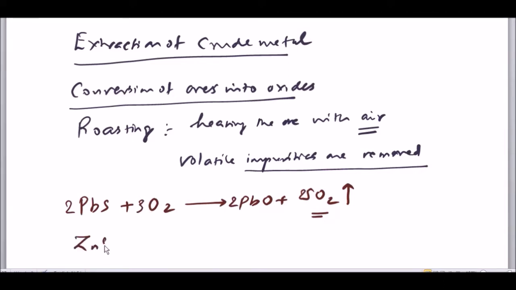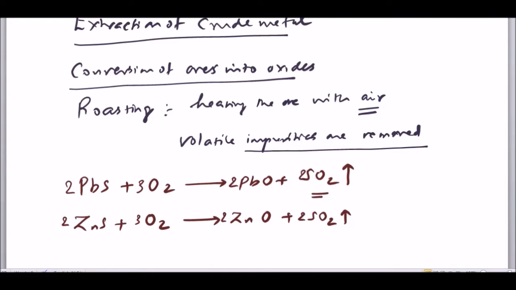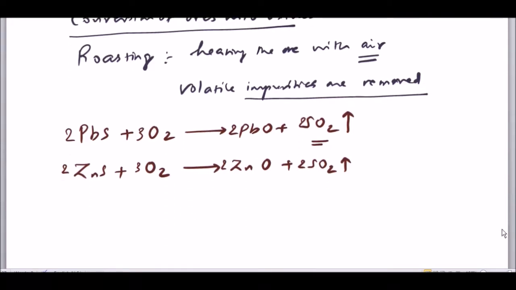Similarly, the ZnS, zinc blende on roasting, it becomes ZnO with the liberation of sulfur dioxide, volatile. And for balancing, the same idea is employed. And similarly, the cuprous sulfide, Cu2S, on roasting, it becomes Cu2O with the loss of SO2 gas.